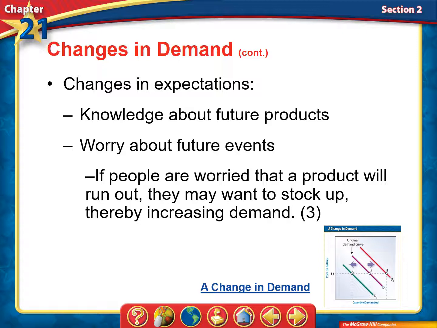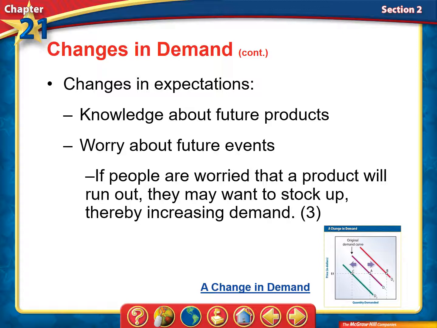Worry about future events influences demand on certain products. If we're going to go into a war, I mean, God, I hope not, but if we go to war with Syria, I think it'd be terrible, but anyway, if we did, buy stock in Halliburton. Who's Halliburton, you say?